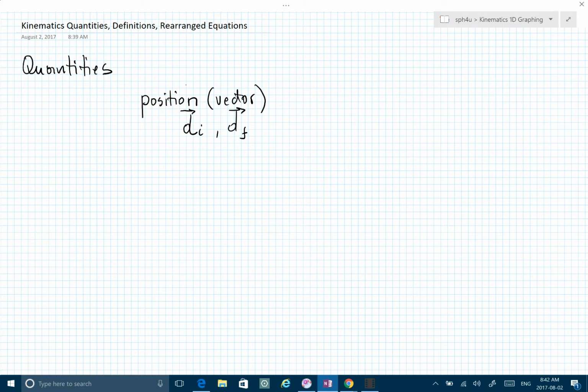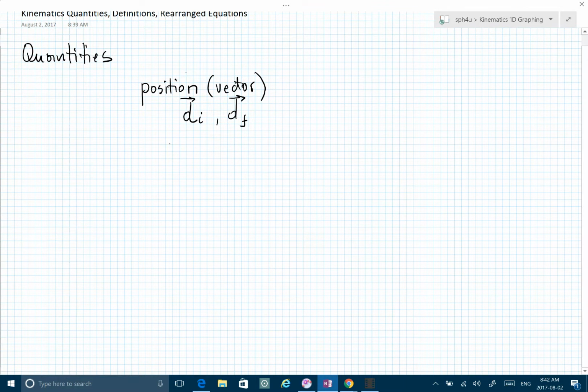All right. Of course, in a two-dimensional world, we're going to have the components. So we remember how to get components now. Then we have displacement.